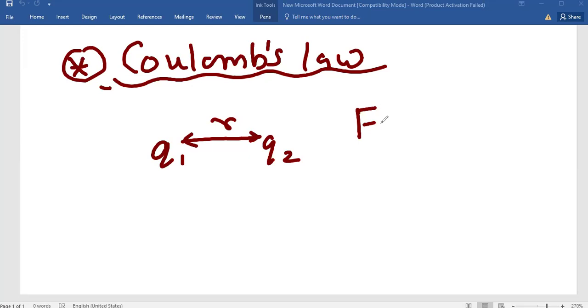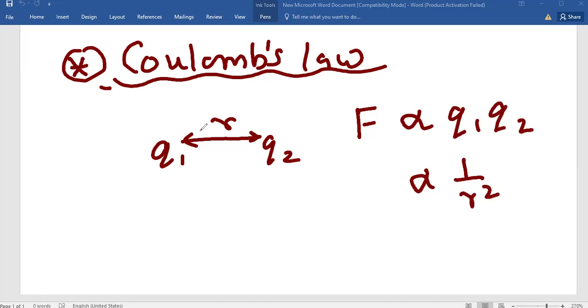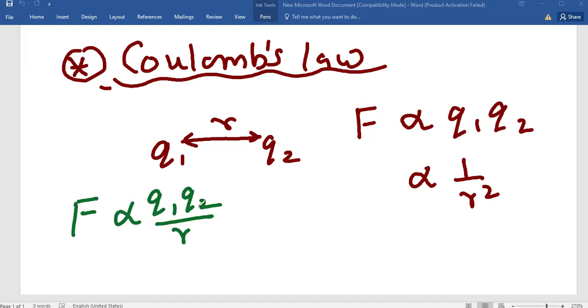It says that the electrostatic force between these two charges is directly proportional to the product of the two charges and inversely proportional to the square of the distance between them. If we combine these two, we will get force is directly proportional to Q1 Q2 by R squared.